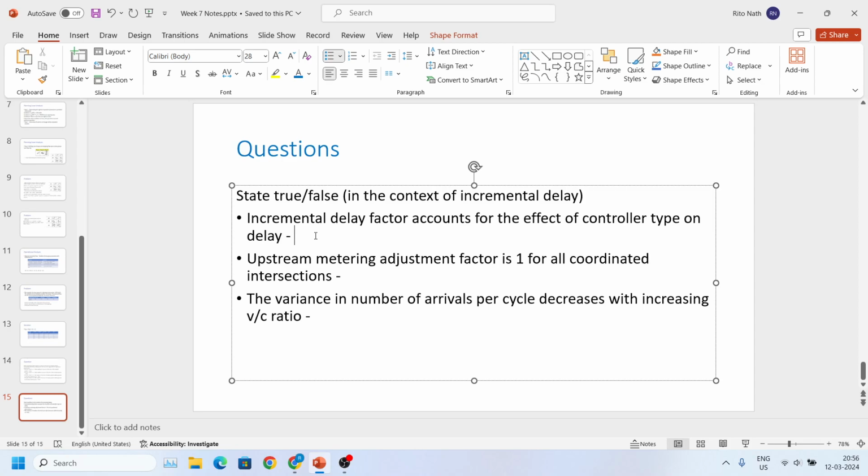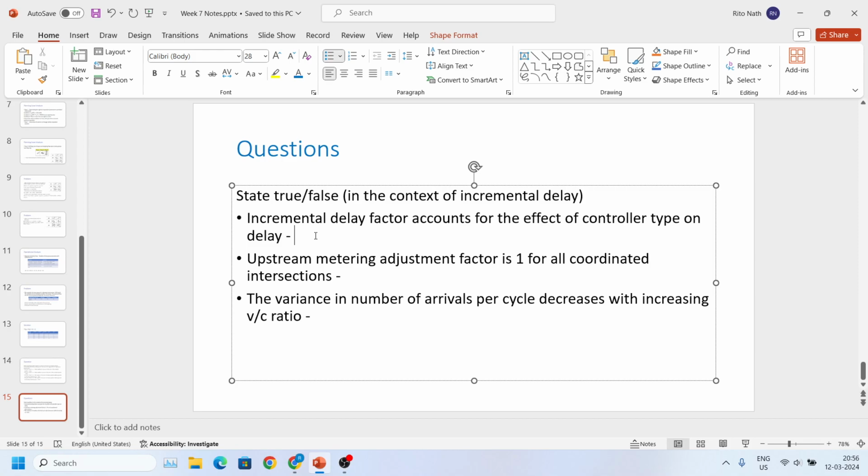Yeah. So I think this was discussed in the class. Incremental delay factor accounts for the effect of controller type on delay.